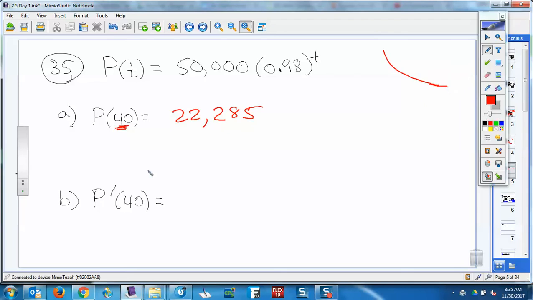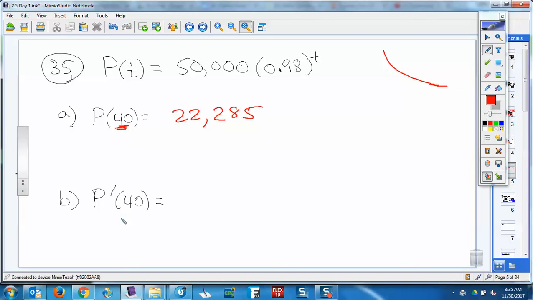0.98. All right. So now it says, at what rate was the population changing at 2000? Well, what we want to get in the habit now of doing, being able to do, is identify that as a derivative question. So at what rate was it changing is P prime of 40? And I'll ask the question again. Before you can find P prime of 40, you need what?